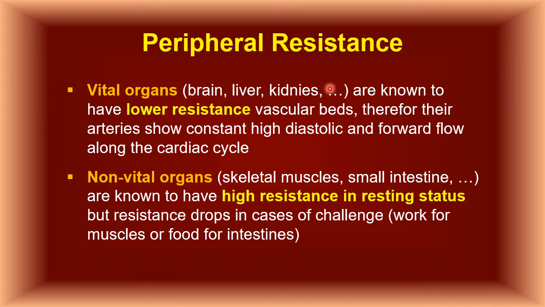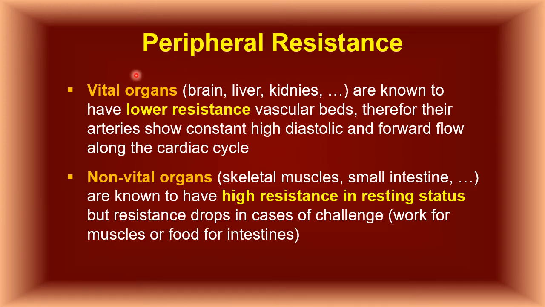On the other hand, we have some other organs that we call non-vital, like our skeletal muscles, like limbs, upper or lower extremities, small intestine. We can survive without them. Many people have some accident or some surgery, and these parts are removed and nothing is wrong there. They can live their life. So again, we have vital and non-vital.